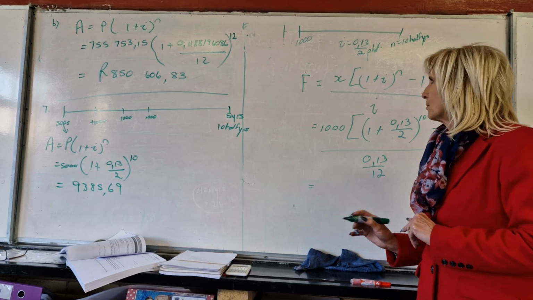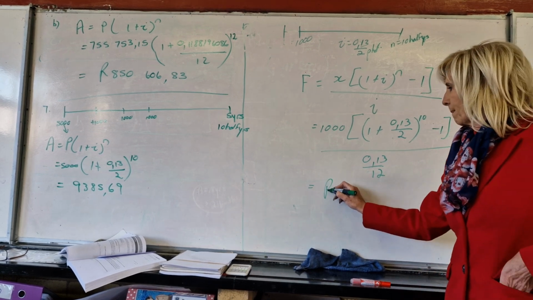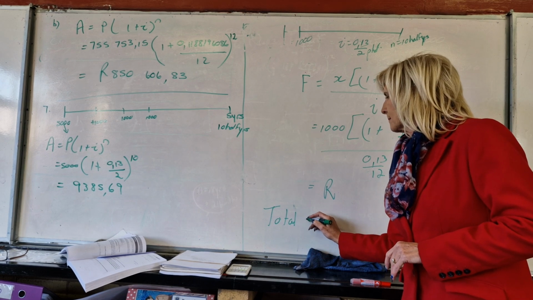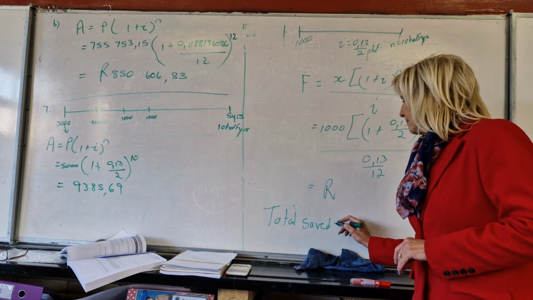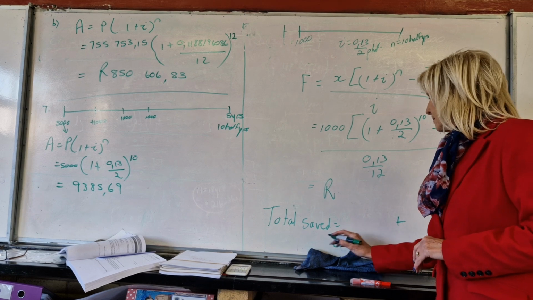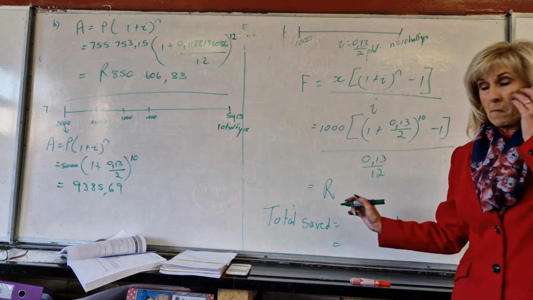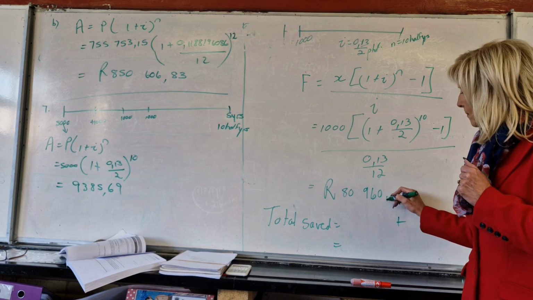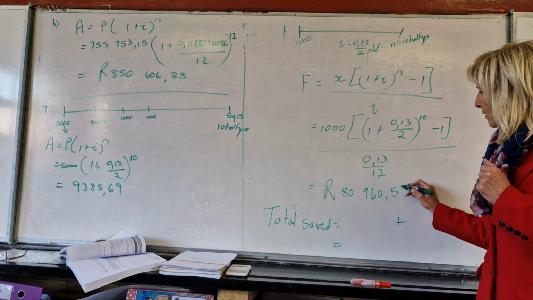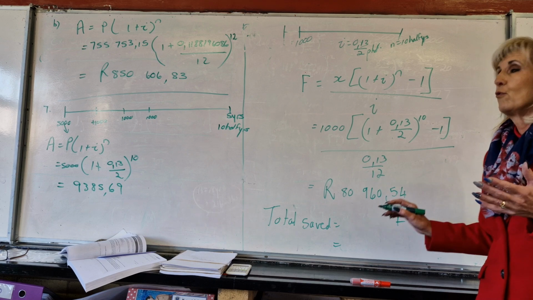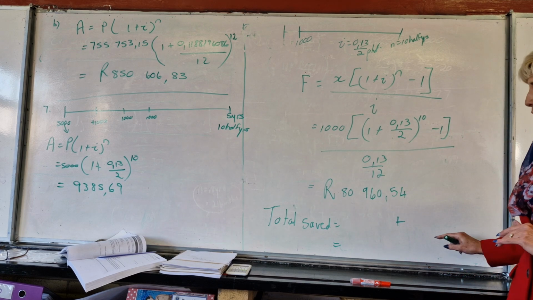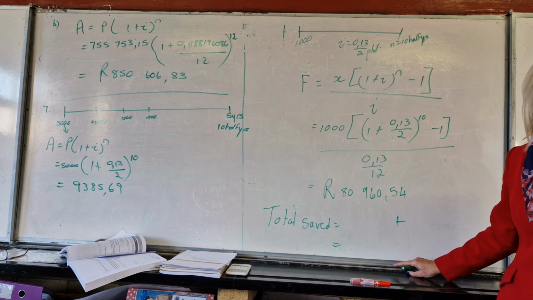And please give me an answer. $80,960.535. Okay, 535, so let's make it 54. Round it off, not round it off, won't make a big difference. If your answer here is off by a cent or 10 cents, it's okay. It's not such a big problem.